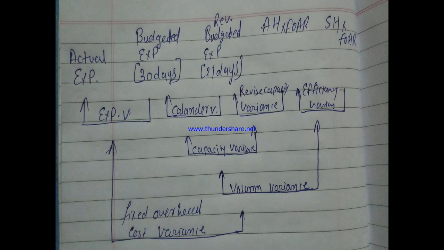And we also know that volume variance is a combination of capacity variance and efficiency variance. Meaning whenever we want to calculate volume variance, we add capacity variance and efficiency variance. And it is a common result that whenever we are calculating fixed overhead cost variance, we add expenditure variance and volume variance.